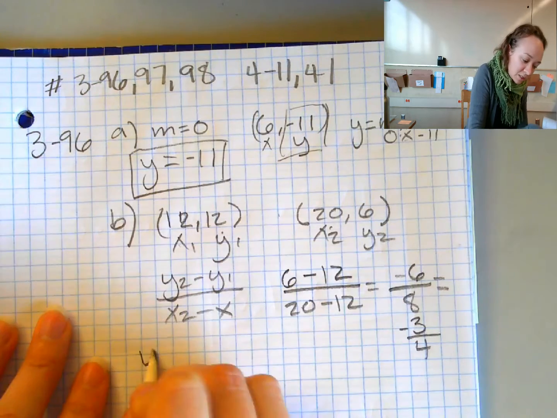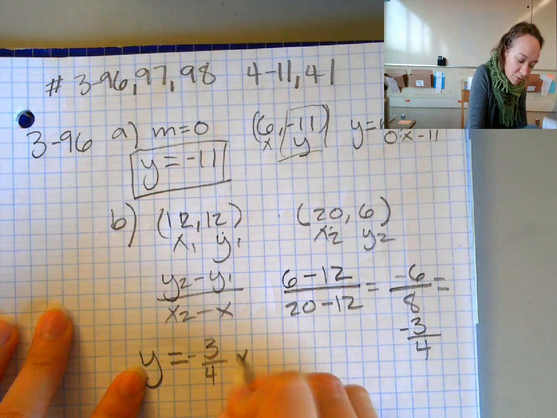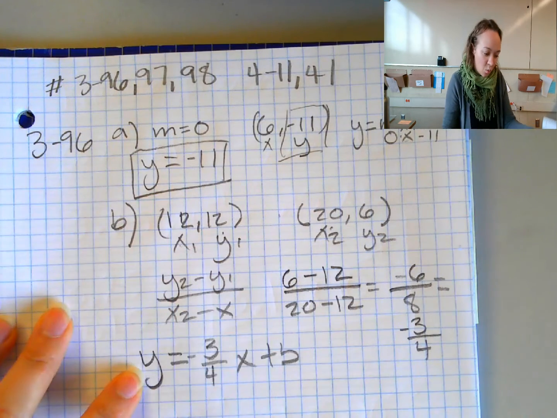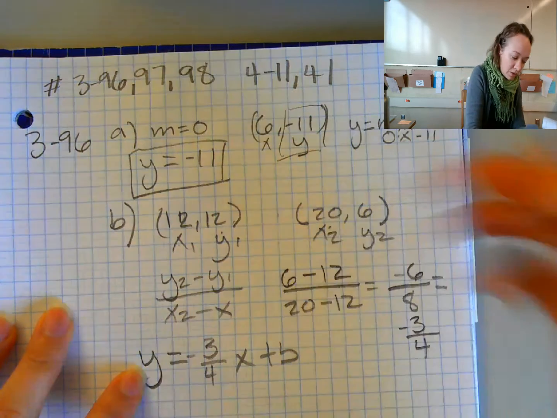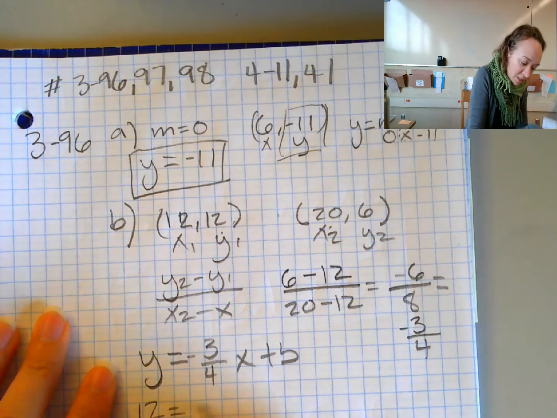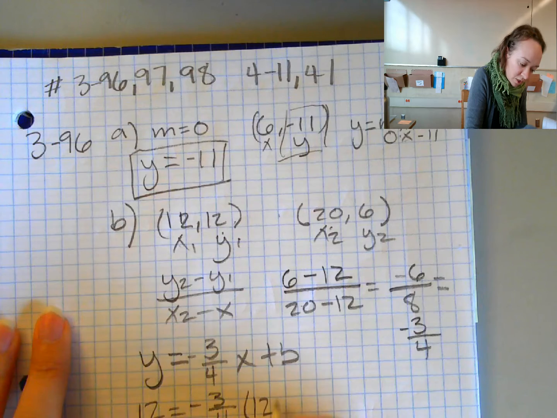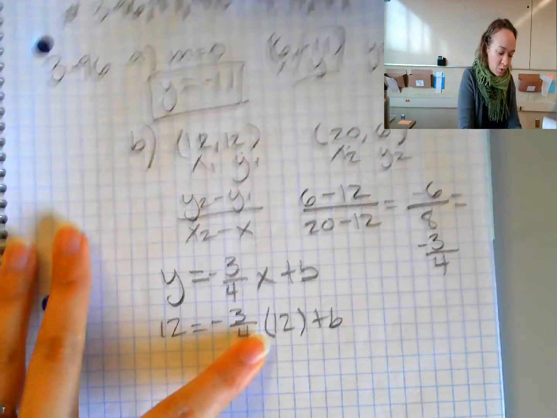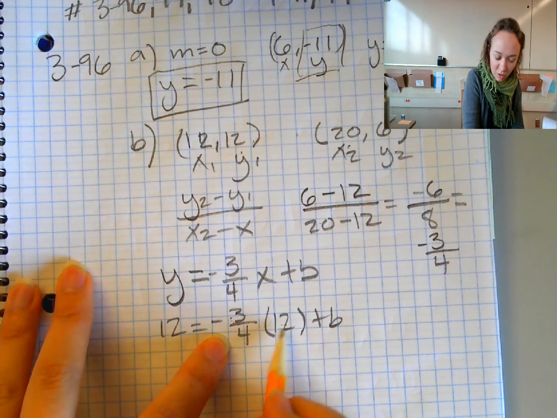And then I need to plug in and solve. So -3/4 x plus b. I'm going to plug in one of my values here. I'll go ahead and use the (12, 12). So 12 equals -3/4 times 12 plus b. So I'm going to multiply here, multiply by 3 and divide by 4.